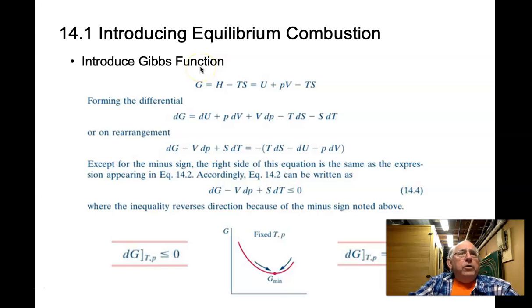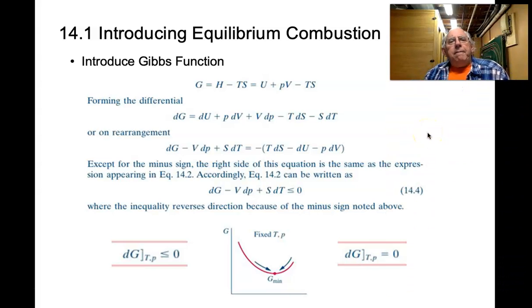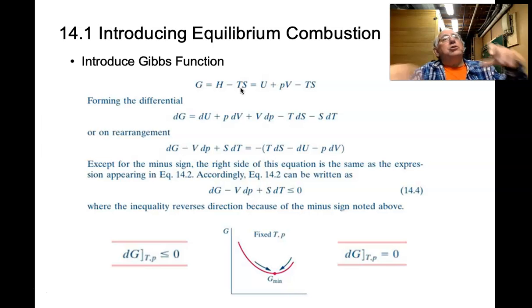Now, when we introduced in chapter 10 the differential forms of properties, we introduced some other properties other than entropy, enthalpy and internal energy. We introduced another property called the Gibbs function, which is just this capital G, equal to H minus Ts, associated with other thermodynamic properties.